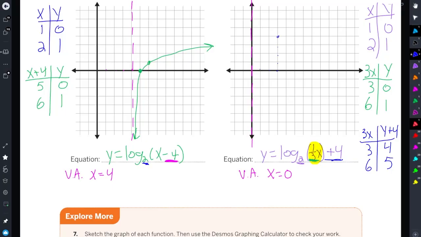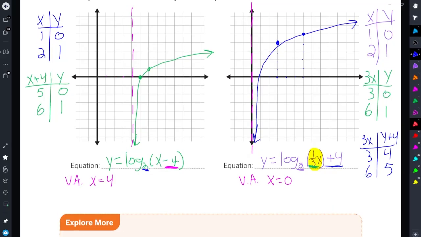And 6, comma 5. So our graph will look like this instead. And again, I want to point out that every time we do a new transformation table, one of the columns stays the same, and the other column will change. Something will happen to it.